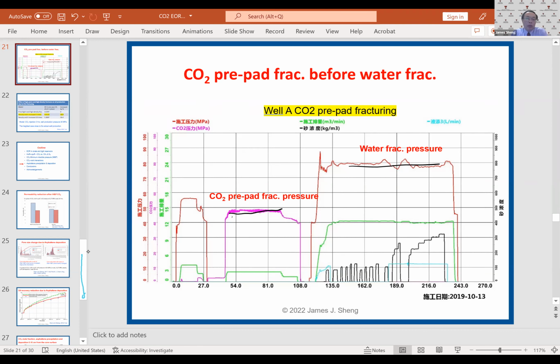But whether we inject CO2 to produce natural gas, I'm not aware of how people did it. Of course, you can do it, but the problem is that it's probably not as economic as oil reservoirs, because CO2 is probably even more expensive than natural gas.